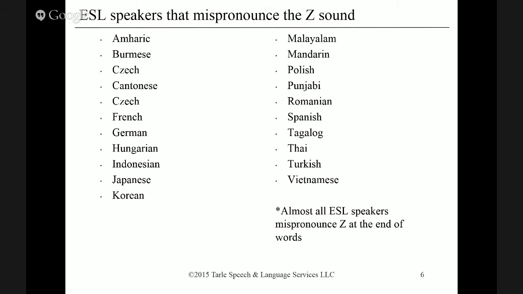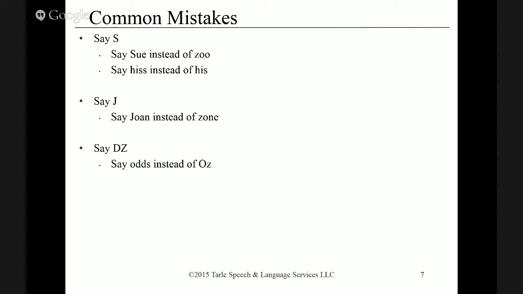I find this pretty much to be, at least in my clients, a good 100% of the time, because there are a few rules that people aren't really aware of. This is going to help you to avoid those mistakes. What mistakes do I hear? The most common mistake by far is that I hear people say the S sound instead of the Z sound. So I hear people say Sue instead of saying zoo.